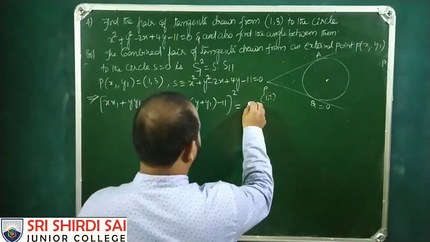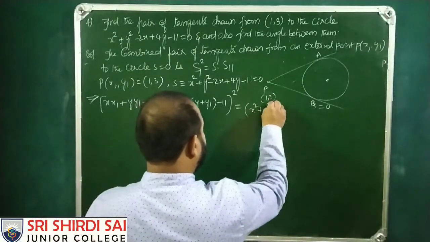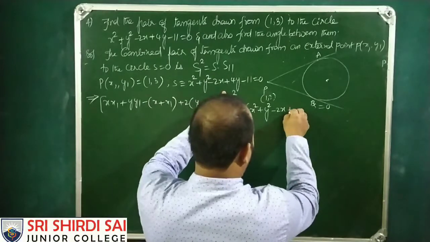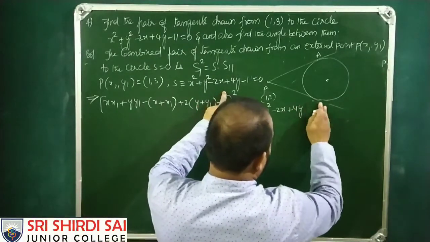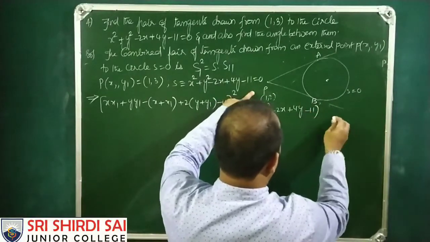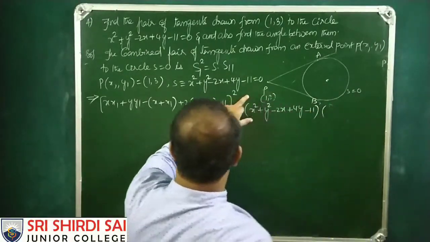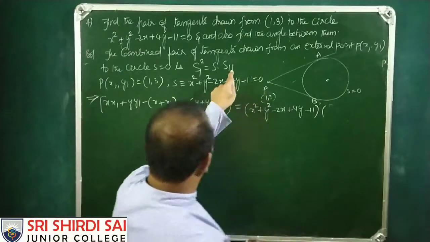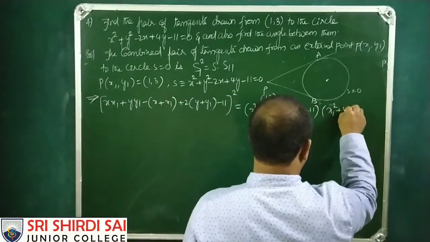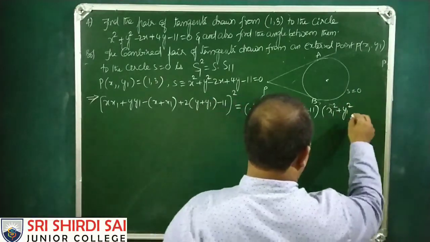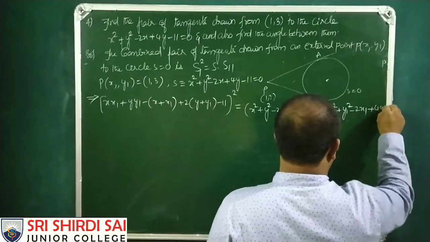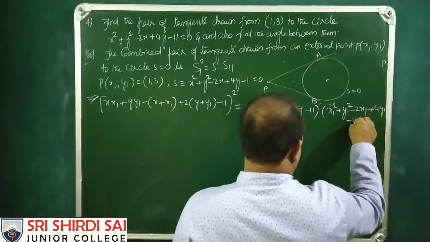S is x square plus y square minus 2x plus 4y minus 11, into what is S11? Simply substituting point (x1, y1) into this: x1 square plus y1 square minus 2x1 plus 4y1 minus 11.